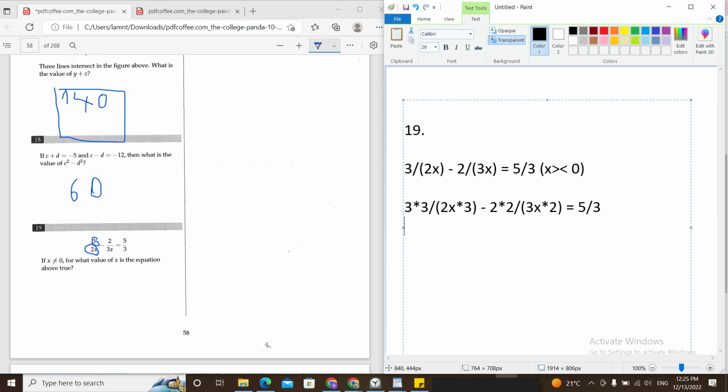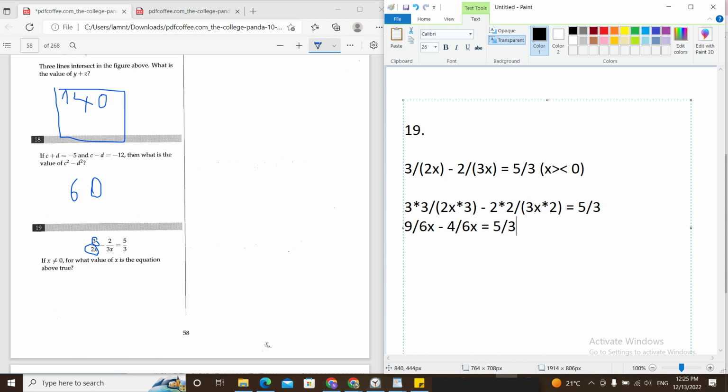So that's actually 9 over 6x minus 4 over 6x, equal to 5 over 3, right?